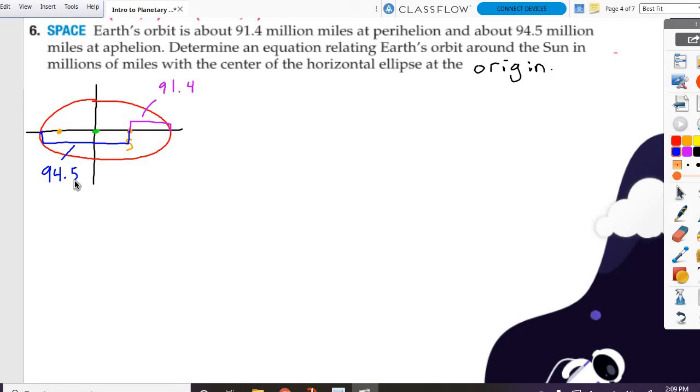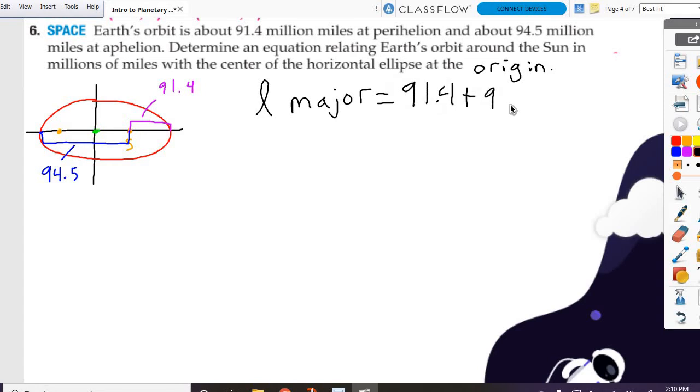Now, notice that because we're centered at 0, 0, our foci are also going to have to be along our x-axis, which is nice because then everything lines up. So notice that the length of my major axis is going to be those two things added together.